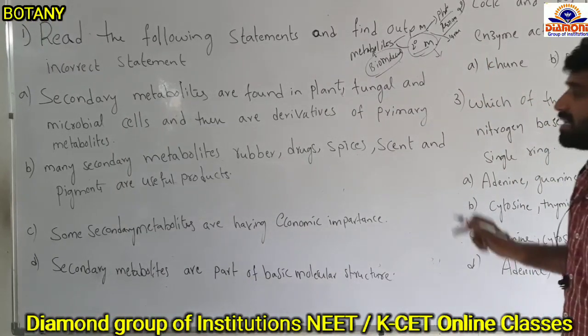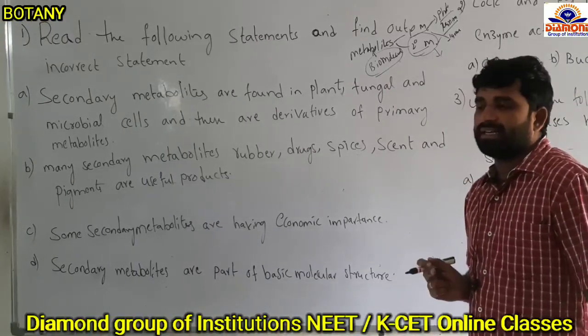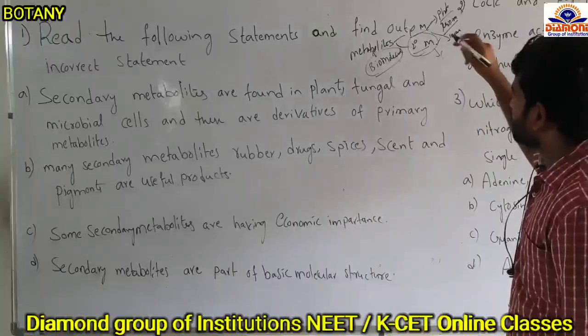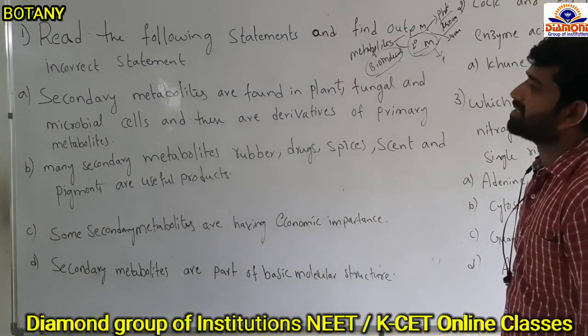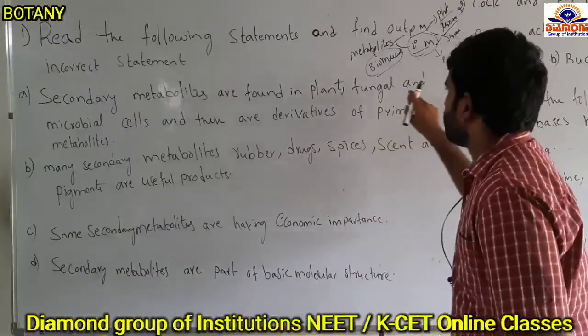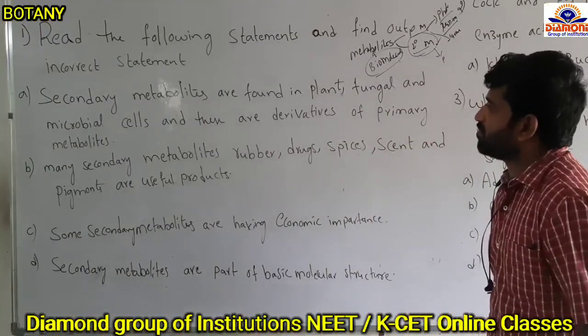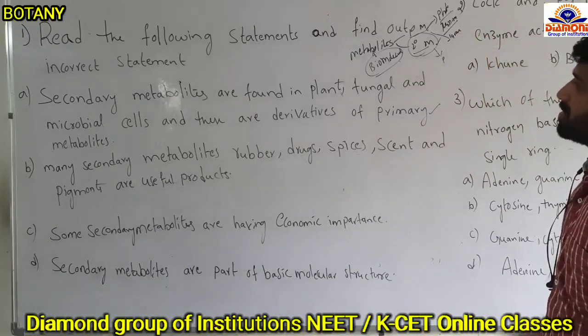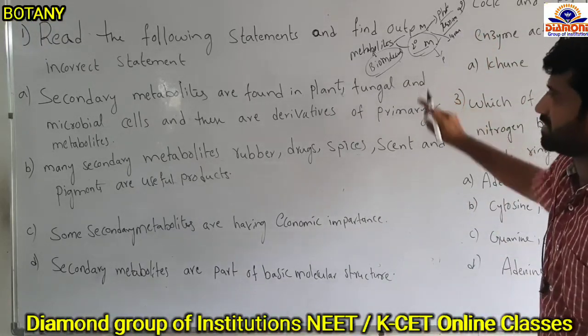They are not involved directly in growth and development, and in plants they have several types. So option A, secondary metabolites are found in plant, fungal and microbial cells, and these are derivatives of the primary metabolites. Yes, based upon the concepts of metabolites, option A is the correct statement.